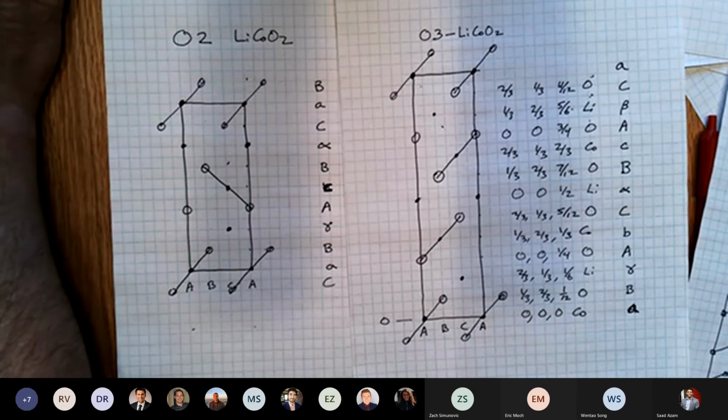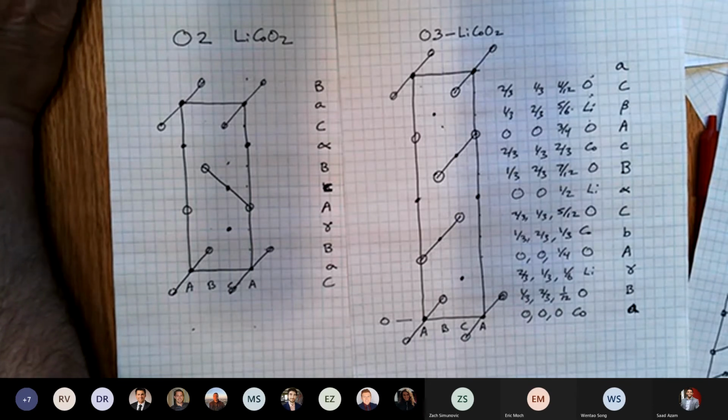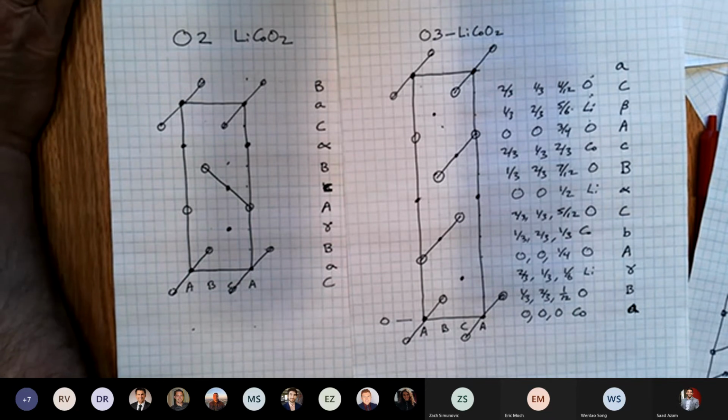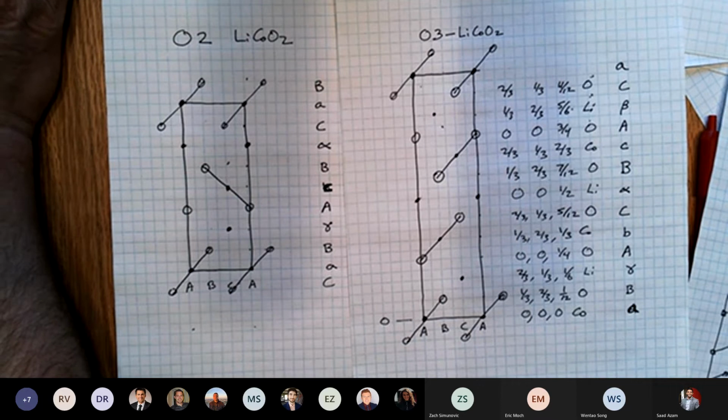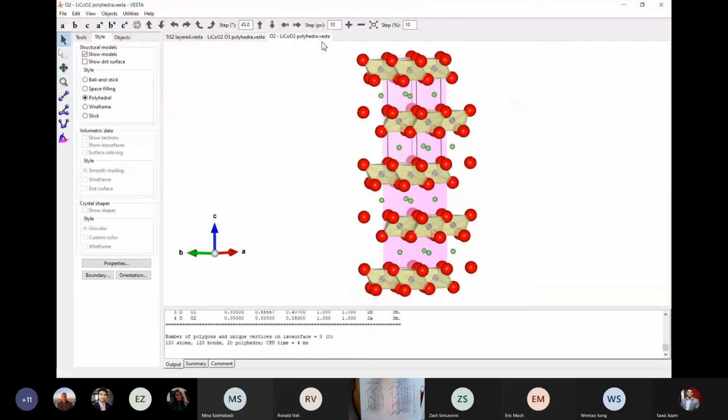Okay. So I'll go back to the Vesta program to show you what O2 looks like in Vesta. So now you should be able to see the structure of O2 here.